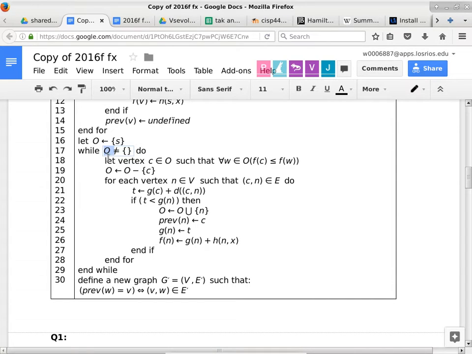And for each iteration of the for loop, we are going to remove exactly one element from big O. So even if it is not rated correctly, it will still be explored, but it will be explored later than it should be.